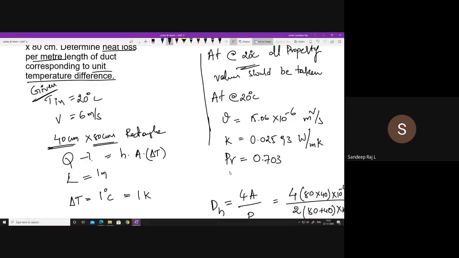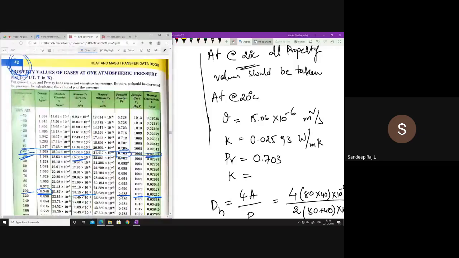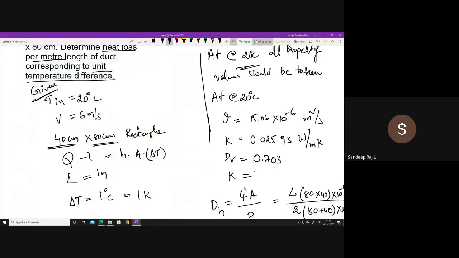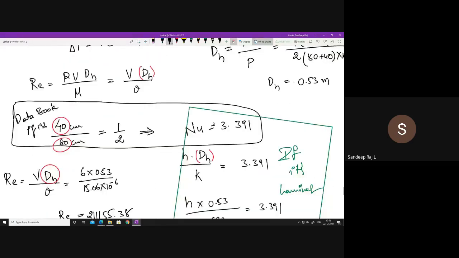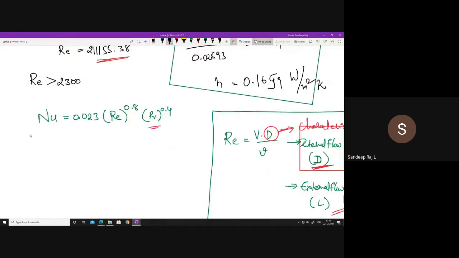Moving on to the left hand side, you will also need k. The k value is already taken, right? 0.02593. So I need not take it again here. Let's substitute the things here. Nu is nothing but h into dH by k, hydraulic diameter by k.